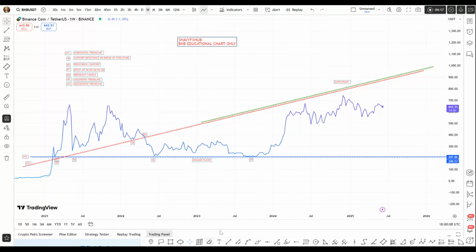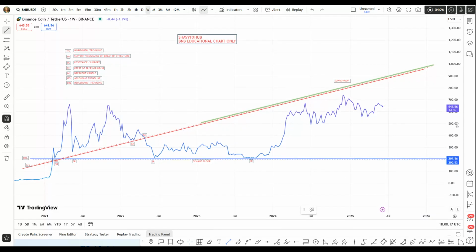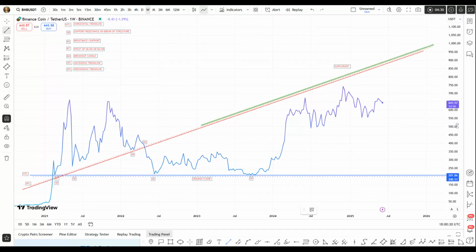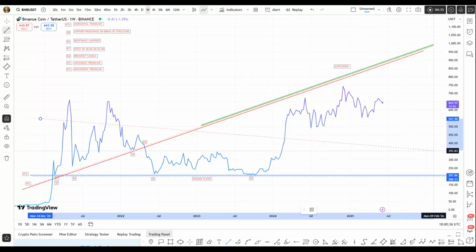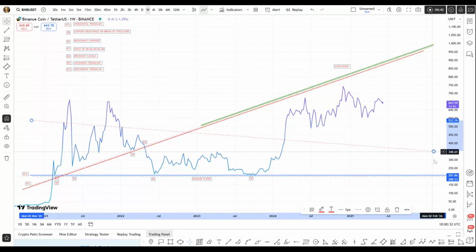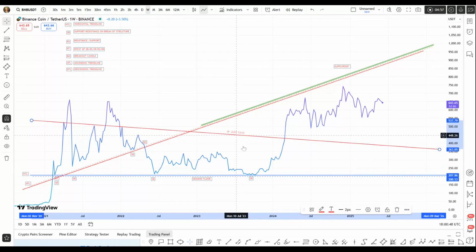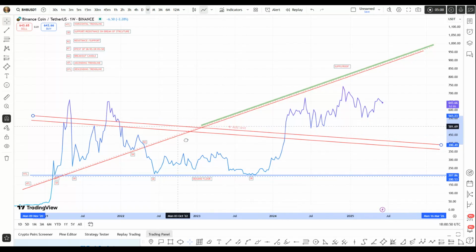Let's go back to our weekly chart again. And it's another structure which also holds a very strong sentiment and a clear attestation of a BNB uptrend and buy sentiment in the market.